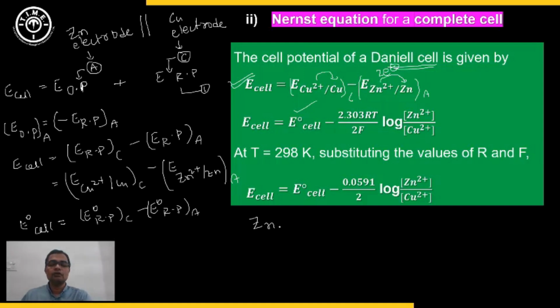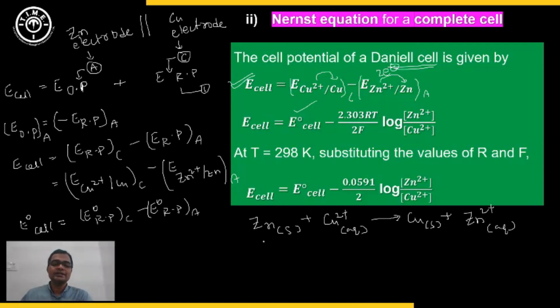So now the overall reaction I am writing here: zinc reduces Cu2+ ion to Cu, and Zn itself gets oxidized to Zn2+ ion.